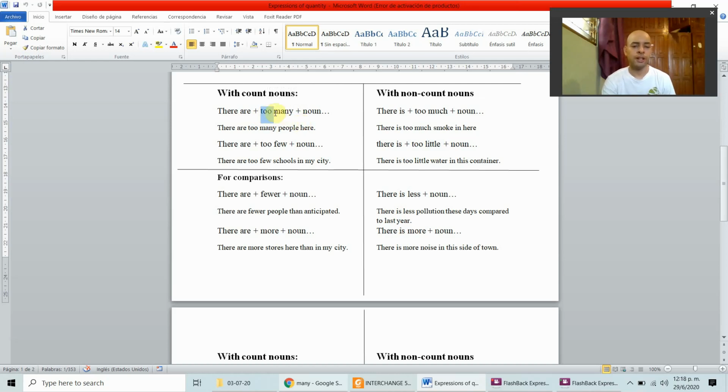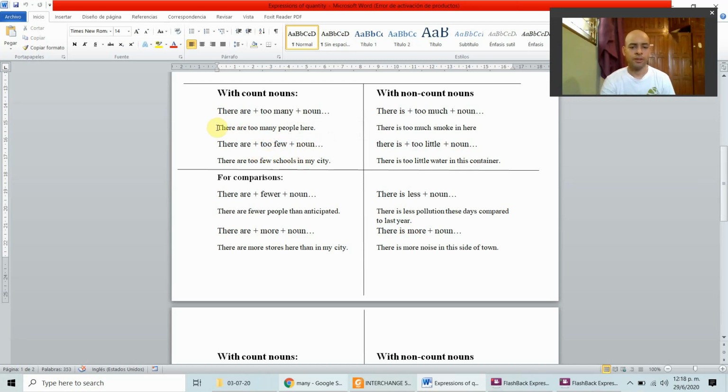When you think there is an excessive number of things, you use too many chairs, for example. And if you think there is not enough, like there is a very, very small amount of something, excessively few, you use too few.